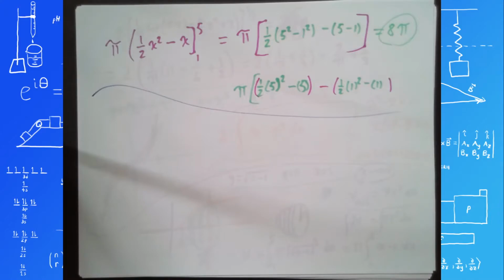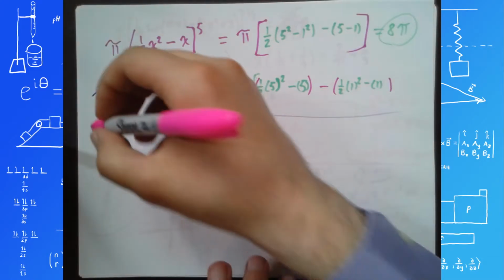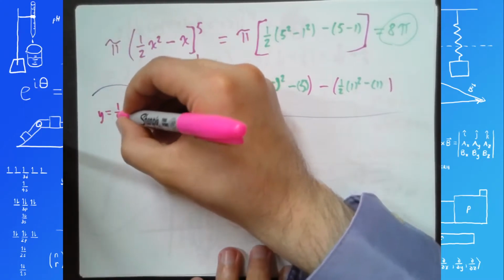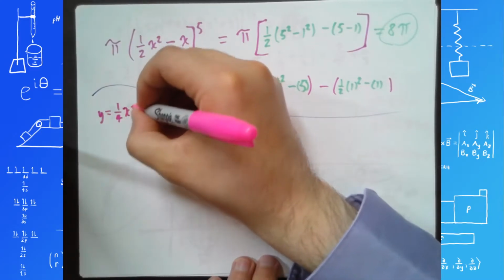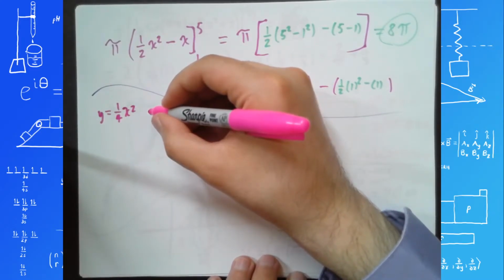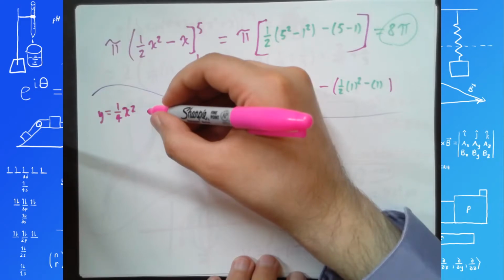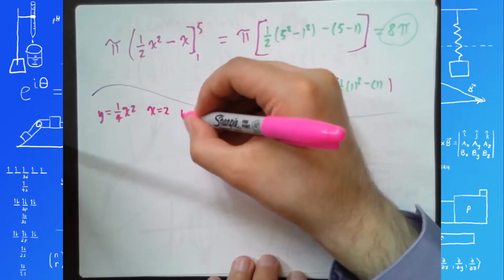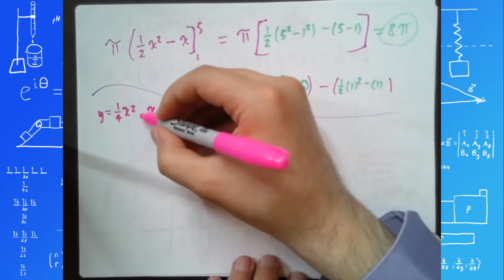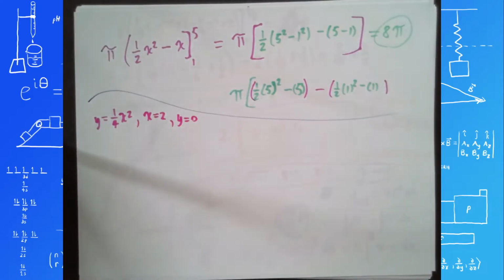So what number 10 says is that we've got y equals 1/4 x squared, we've also got x equals 2 and y equals 0. Okay, let's go ahead and draw the graph to see what we're looking at.